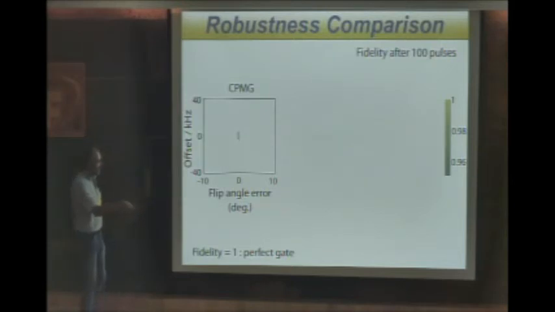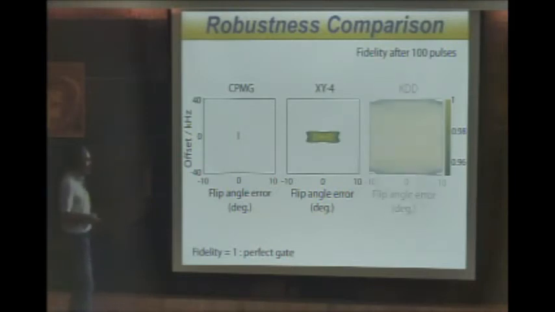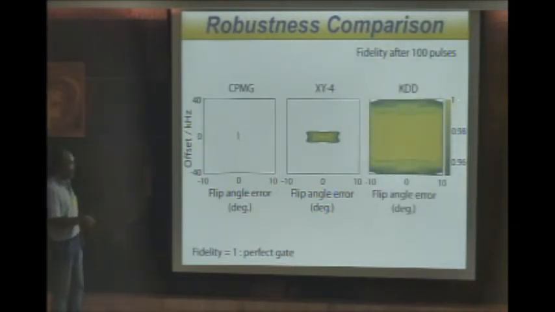This is a color coding of the fidelity, and that's essentially 0 error, and then it stops being useful. If you use this XY4 sequence, obviously you can extend this region significantly, and with KDD almost the whole area here is, say, a few thousand times bigger than in the case of this CPMG sequence.